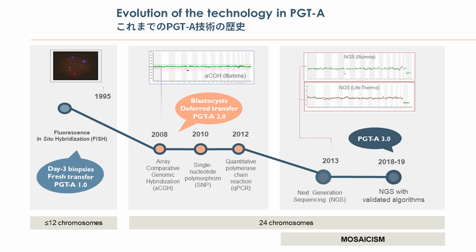So at the very beginning, we were using next generation sequencing with the commercial platforms, but in the last years, we have developed our own algorithms, and we have learned in which cases there are real abnormalities and in which cases there is noise, because we know that depending on the quality of the DNA and depending on the amount of DNA, in some cases we have artifacts, and it's very important to recognize artifacts, because we don't want to release a report saying that one embryo is abnormal if it is not truly abnormal.